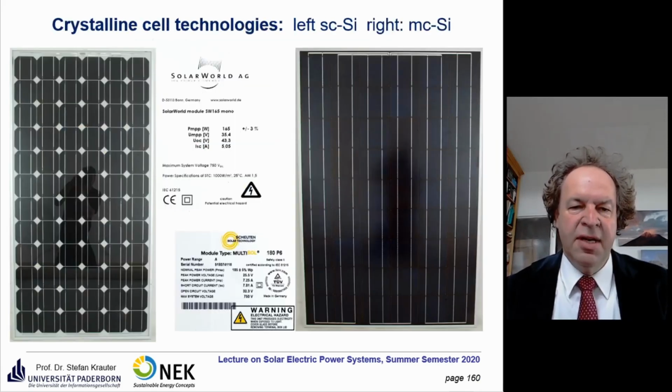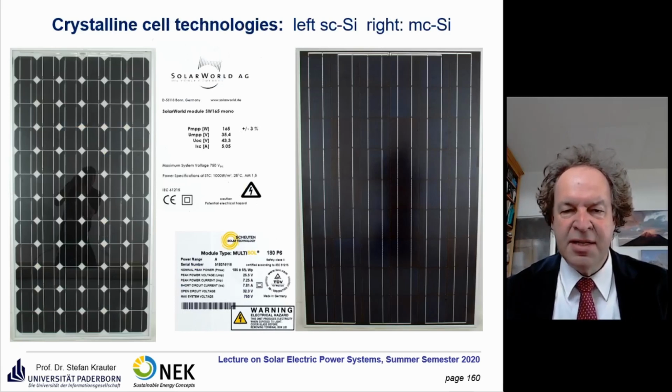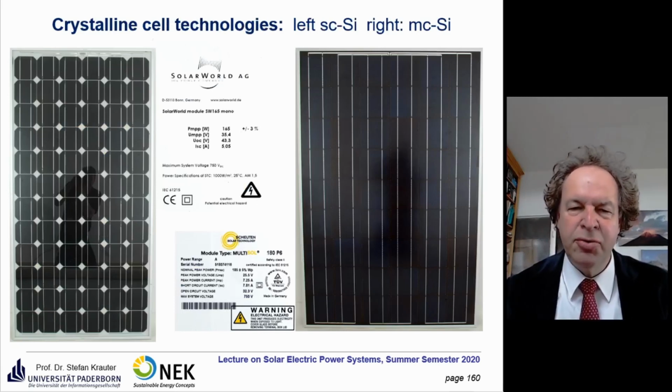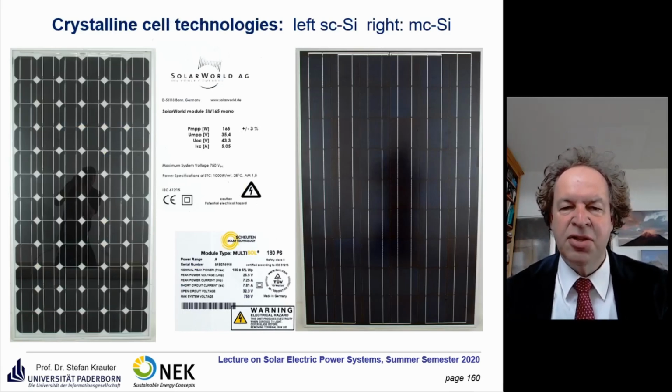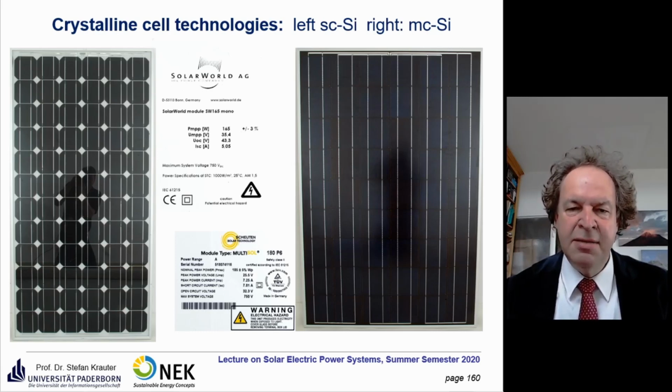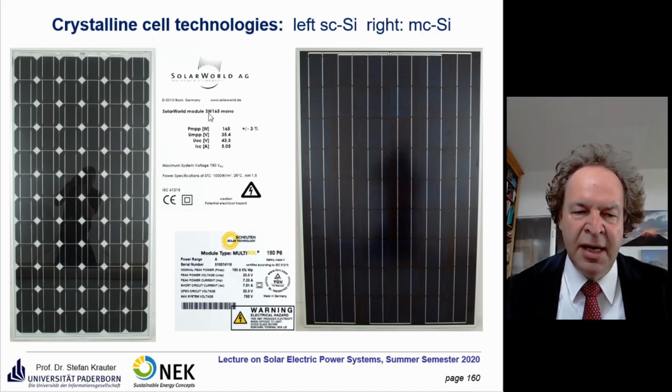On the left side, you see a single crystalline module. On the right side, you can maybe hardly see the multicrystalline structure. So SC means single crystalline, MC means multicrystalline. And here you see the data sheet of the module, and you see the power at maximum power, in the maximum power point, which you learned already.